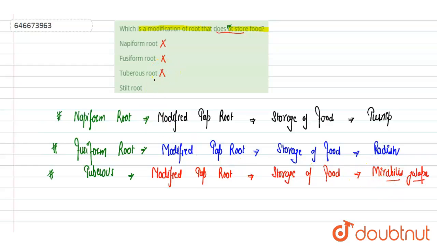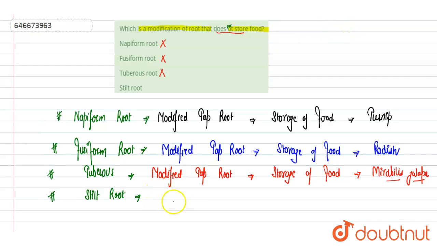So definitely the last one left will be the correct answer, but here we will see that also. The last is the stilt root. These are modifications, but not of the taproot.